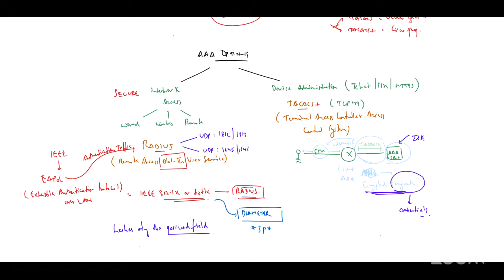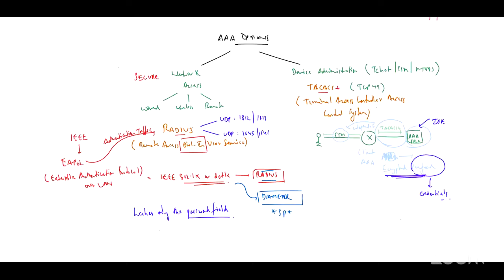Now let's see how these two protocols differentiate. I'll show you the flow of messages, how the message exchange happens, and how this client server model really functions. Then you'll be able to understand the difference between them a bit more.